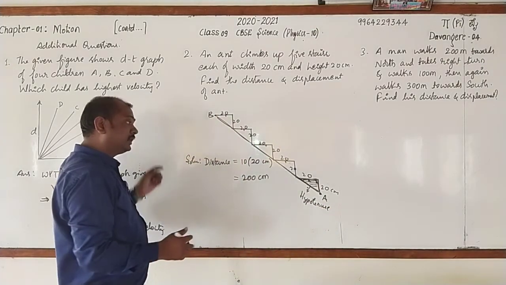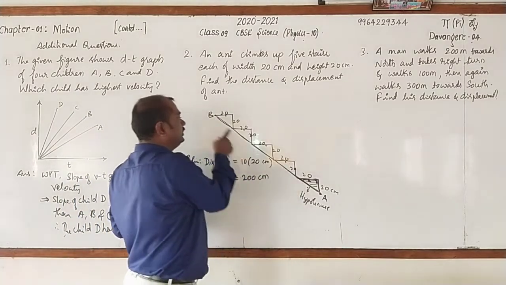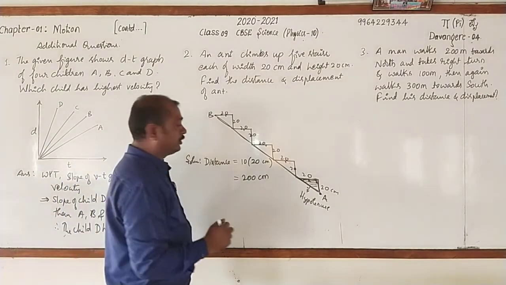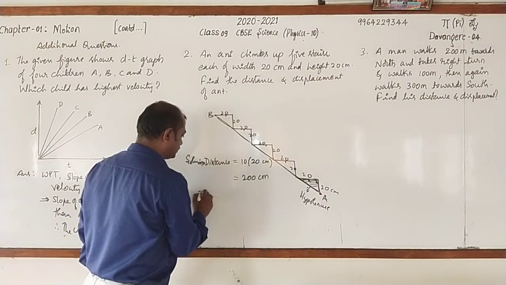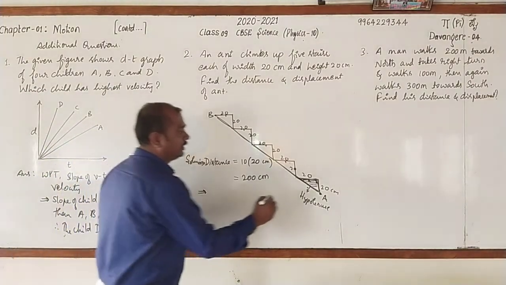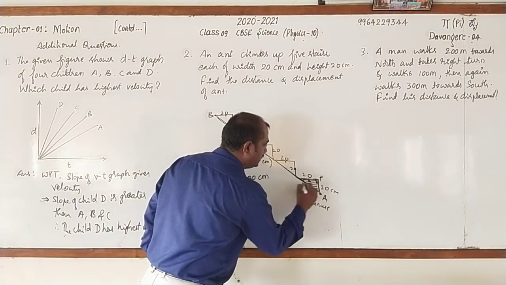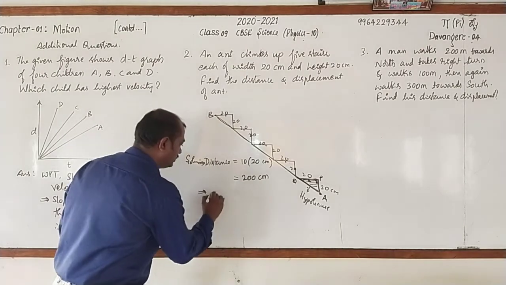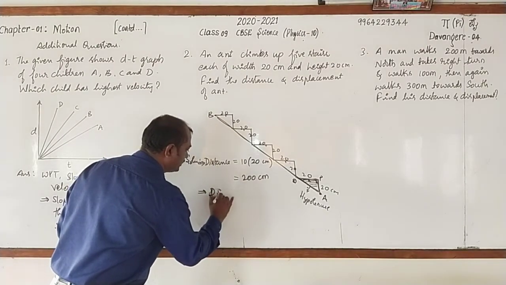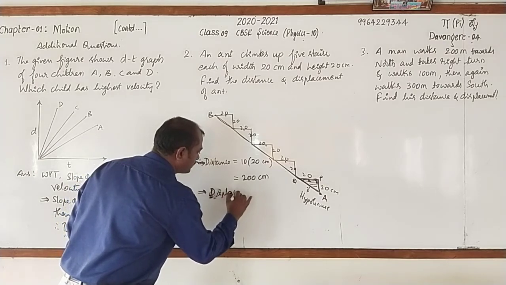If you find the hypotenuse of one triangle and multiply by 5, that will be the displacement. How do you find that hypotenuse? By using the Pythagoras theorem. Here I will write A, this is P, Q. In the triangle, it is for displacement. Here I will write displacement.